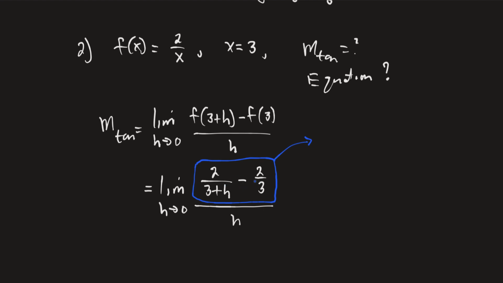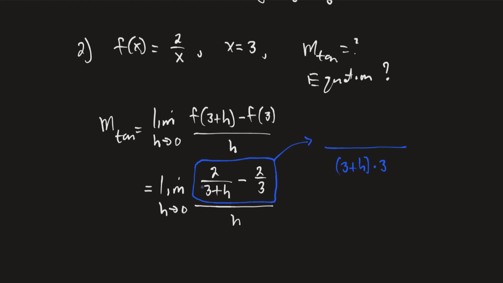So to do this, let's get the common denominator, because we're taking the difference of two fractions. In order to do that, we need the common denominator. So the common denominator in this case will be, and I'll keep it factored, 3 plus h times 3.